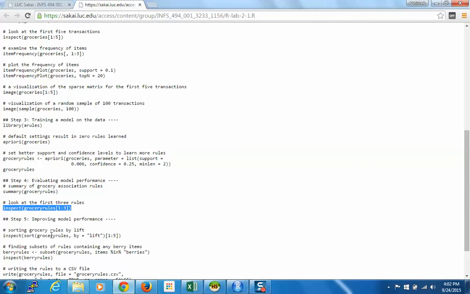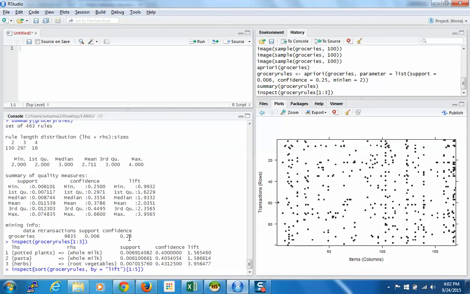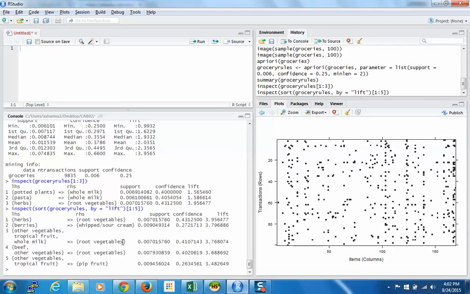Now not only can we see the top three rules, we can also sort them by certain features. The most interesting feature is of course lift. So let's sort them by lift, and let me go through this particular command. We're using a command called sort, and we'll sort grocery rule. And the question is how we're going to sort.